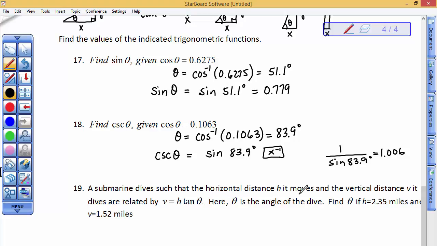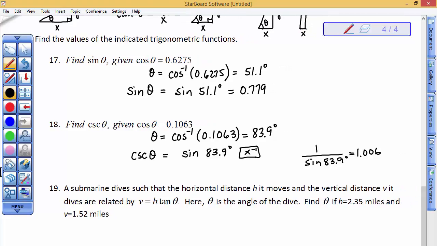I want you to find theta if I know that the submarine goes horizontally 2.35 miles and vertically 1.52 miles. So vertically the submarine goes 1.52 miles, and horizontally it goes 2.35 miles.